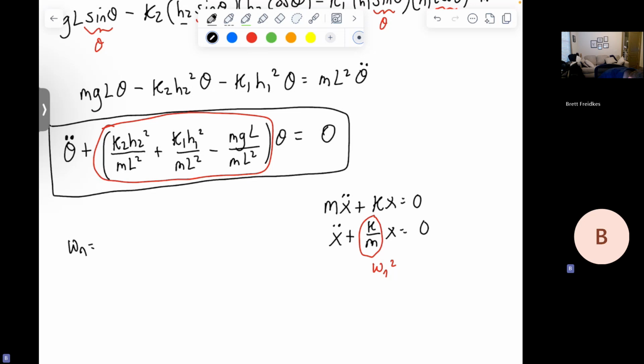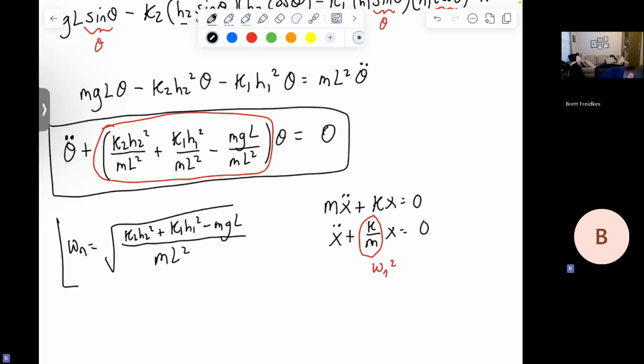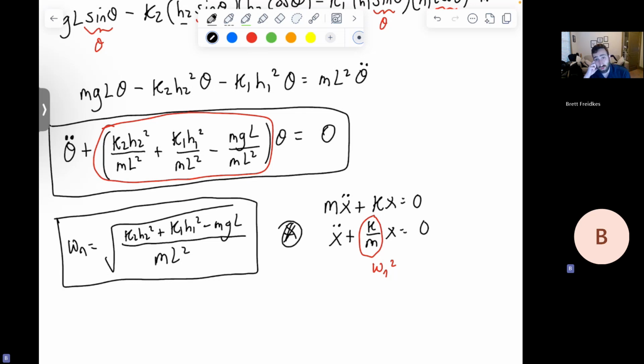So what that reveals is that omega n is the square root of k2 h2 squared plus k1 h1 squared, sorry, minus mgl, over ml squared. And that is our answer for the problem using Euler's second law.